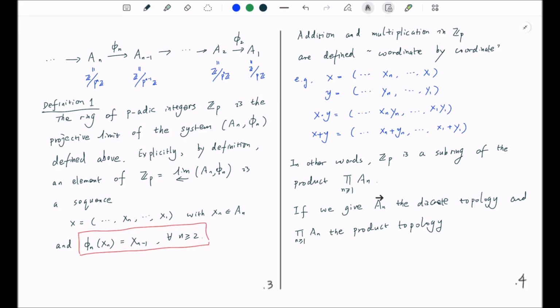Note that since each A_n is finite, under the discrete topology each A_n is compact.